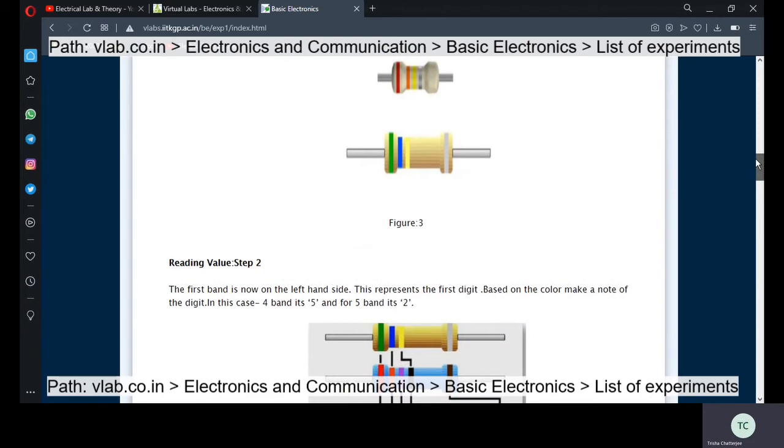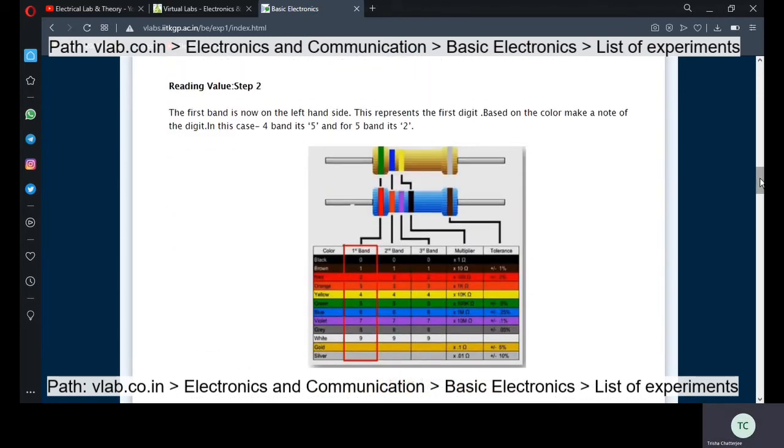So now here we can see, for this top resistor, the first band is green, so green denotes the value 5, and then the blue color denotes 6, so the first 2 digits will be 5 and 6.